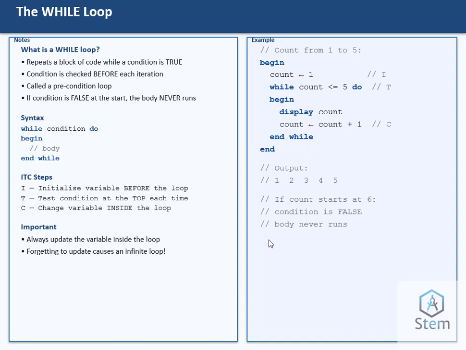A while loop is also known as a precondition loop. This means you test the condition before running the loop. And if the condition is false at the beginning, then the while loop may never run.